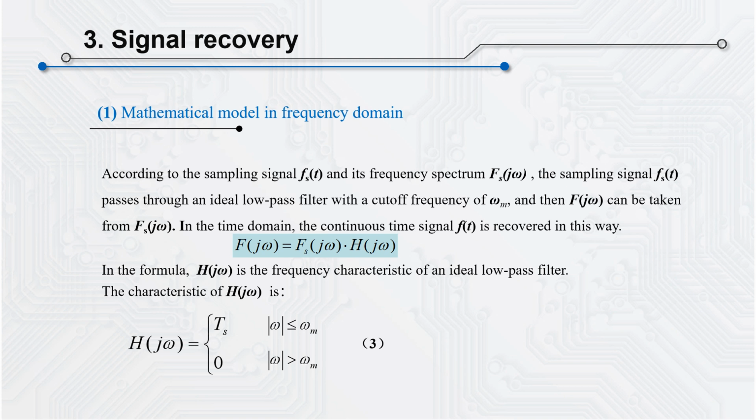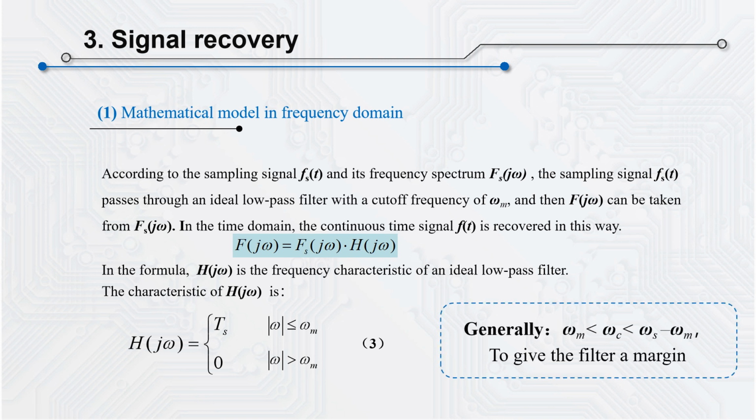This filter's amplitude frequency characteristic is Ts when its frequency is less than or equal to ωm, and when the absolute value of ω is greater than ωm, its amplitude frequency characteristic is 0. Its phase characteristic is not considered here. However, in practical engineering, for this filter, ωc is generally greater than ωm and less than ωs minus ωm. In this way, a certain margin can be left for the filter.